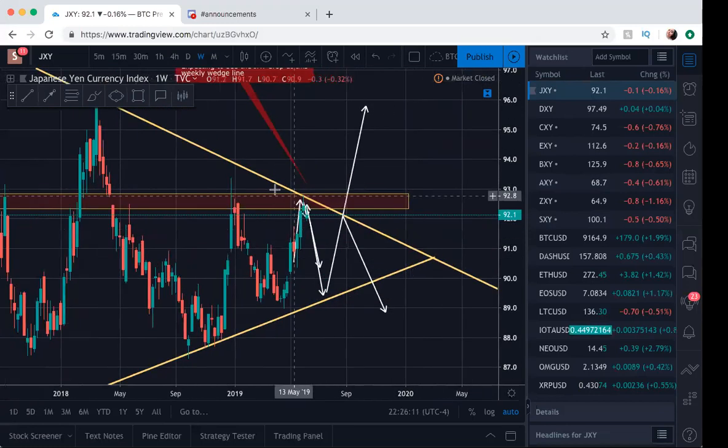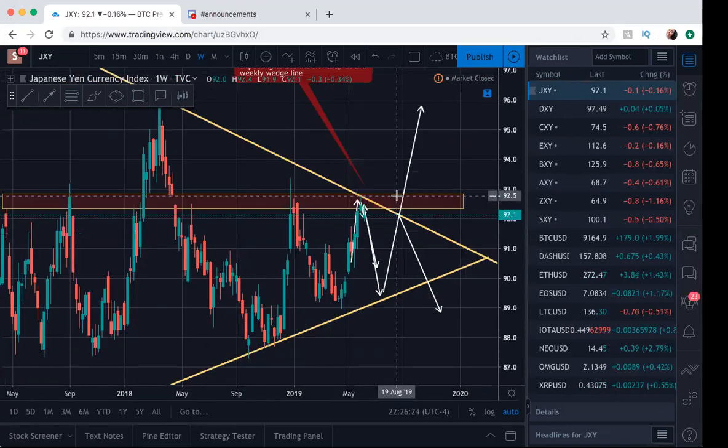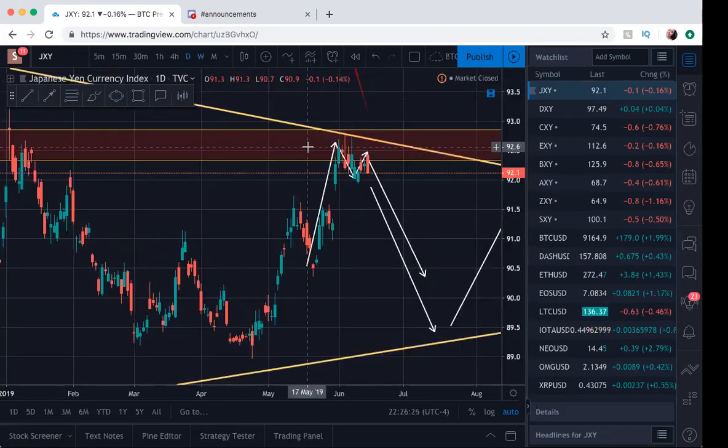And this is what I mean. So right here we have some sign of rejection at this area where we've seen price come into and then automatically get rejected. And when we hop down to the daily, we're seeing even more bullish sentiment that banks and institutions are wicking out this area and stopping price from moving past it.